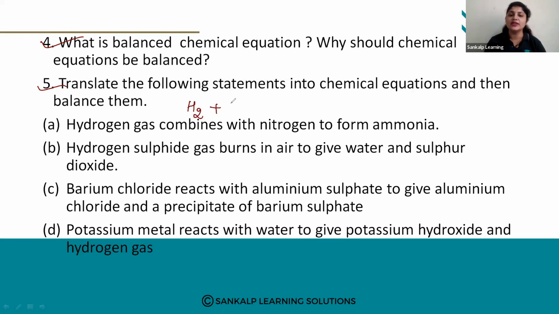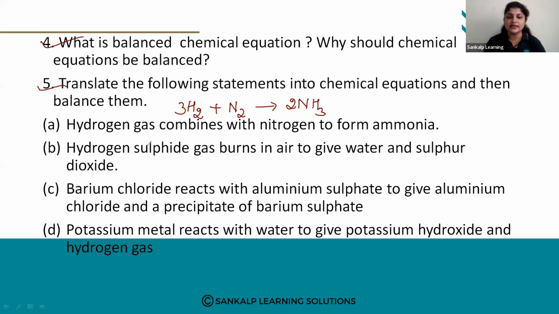It combines with nitrogen, N2, to give ammonia, NH3. Now balance the equation. Here it is 2, here it is 2. So here I'll make it 3, so this becomes 6. This becomes 2. Is it balanced? Can you see now? Hydrogen is 6 and 6, nitrogen is 2 and 2. So like this, you have to balance the chemical equation.